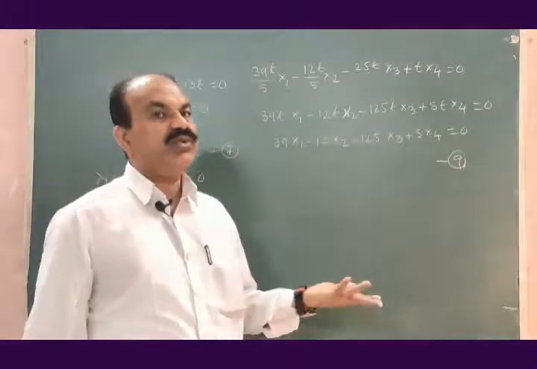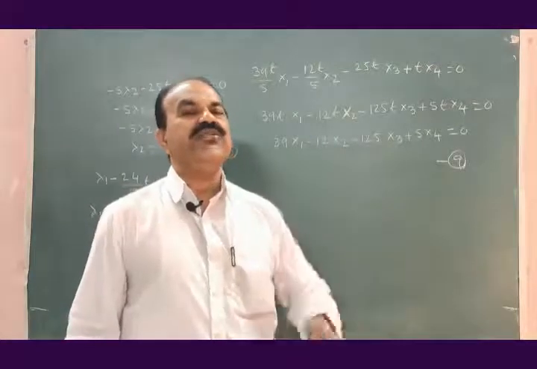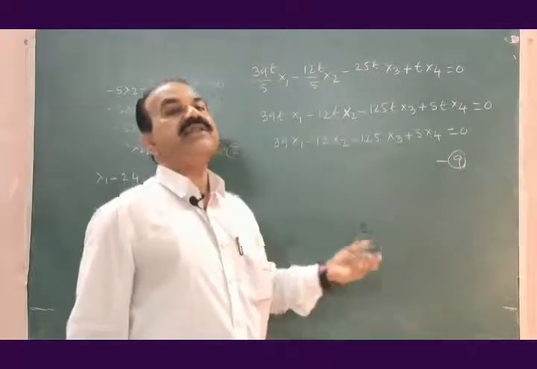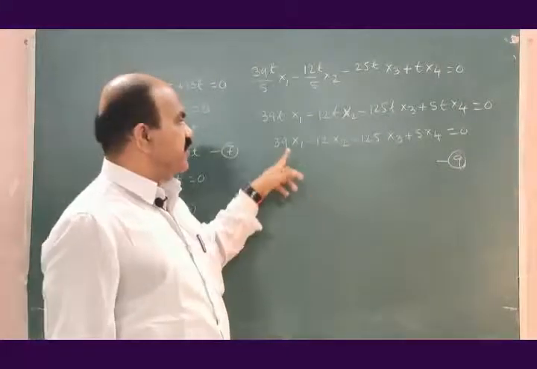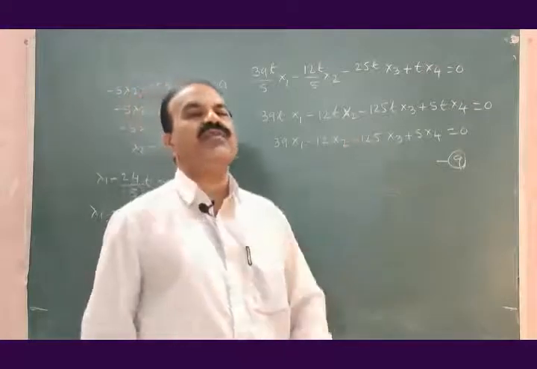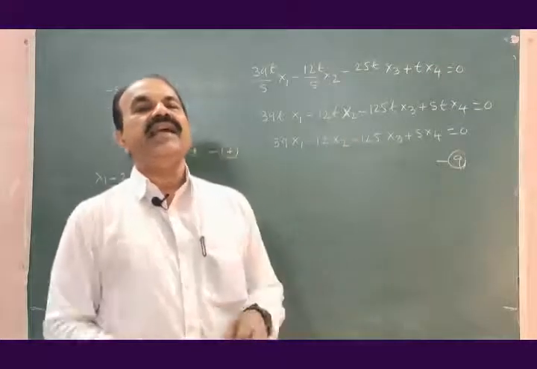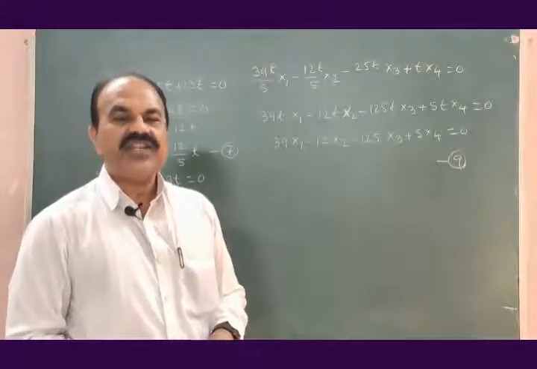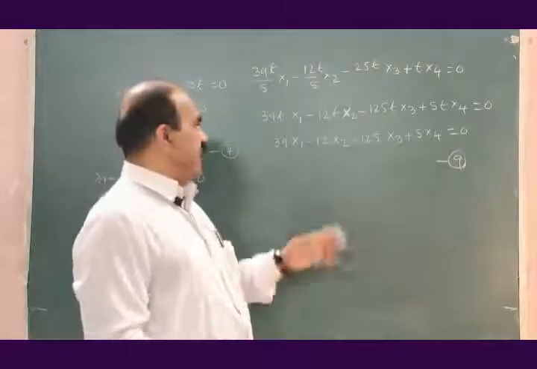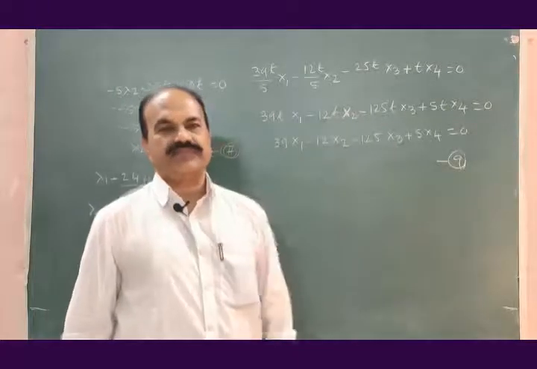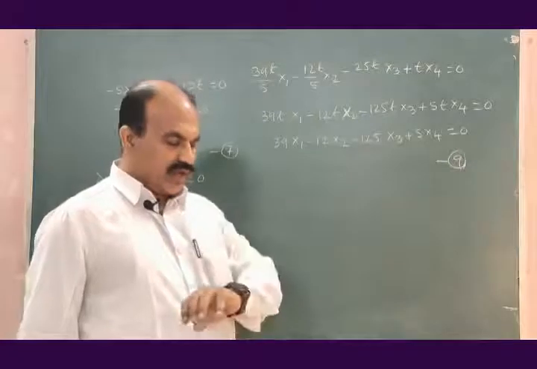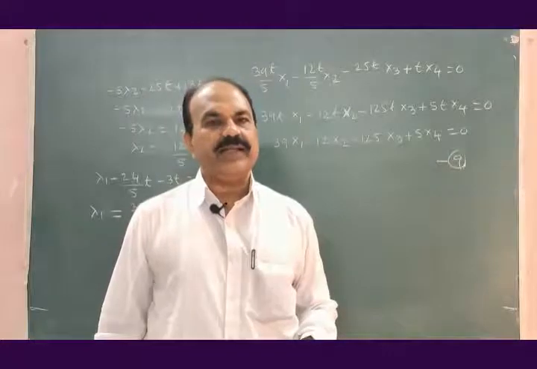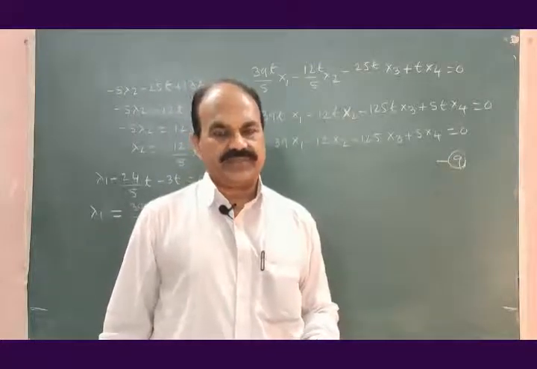It is just similar to C1A1 plus C2A2 plus C3A3 plus C4A4 is equal to 0. It means that vectors x1, x2, x3, x4 are linearly dependent vectors, and the relation which exists between them is this one. This is about one problem on linear dependence and independence of the vectors.